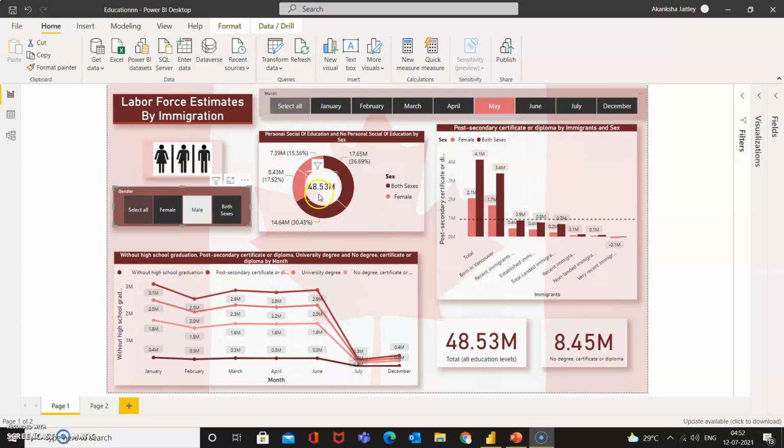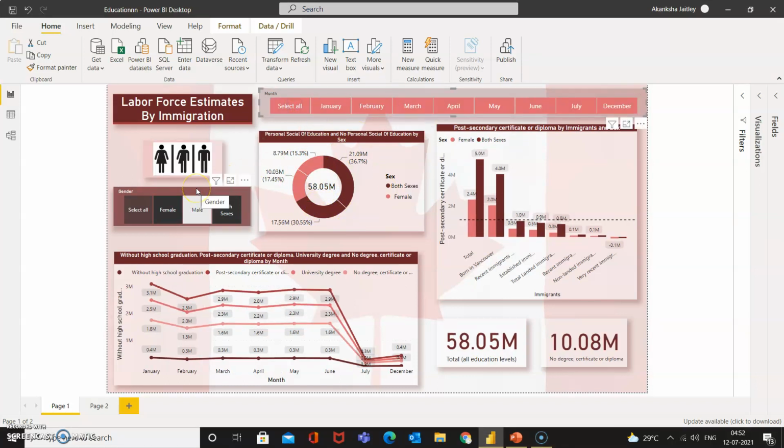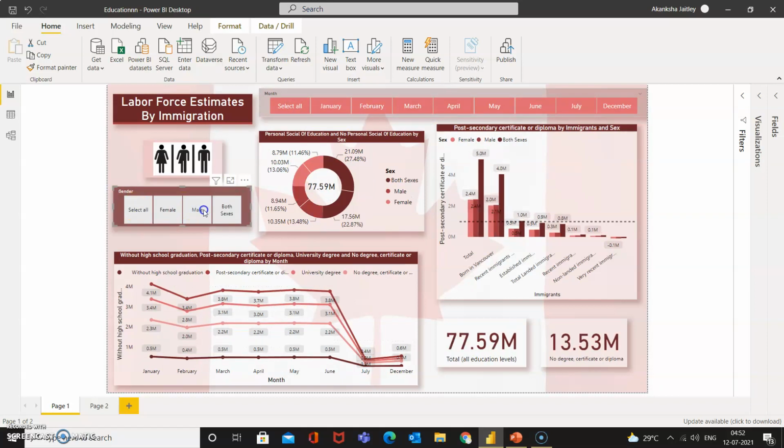This over here is a donut chart. So if we want to see, say throughout the months, what is the percentage of all the genders that had knowledge about personal and social education or no knowledge, we can see that the majority of the donut chart is covered by both sexes, and 27.48% had knowledge about PSC, and 22.87% of immigrants had no knowledge about PSC.